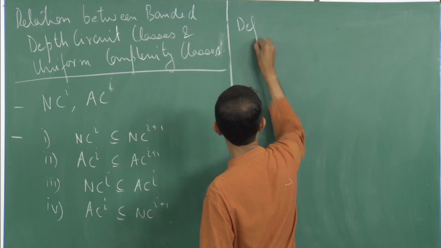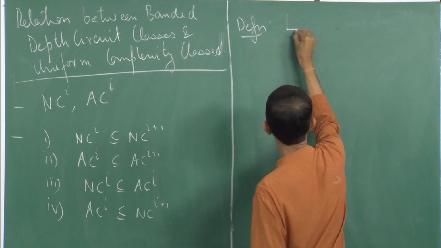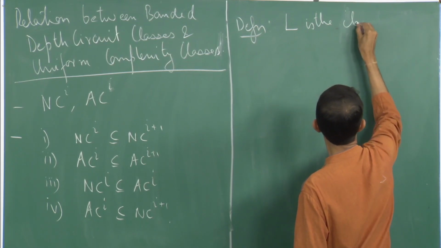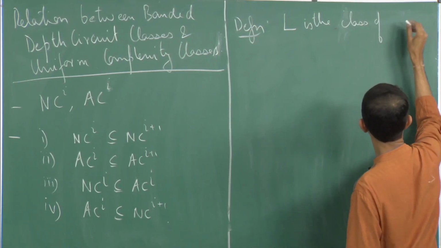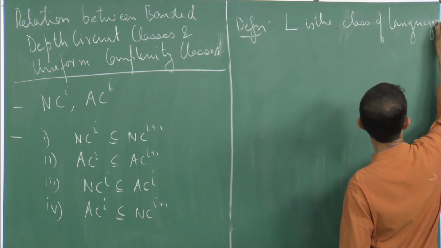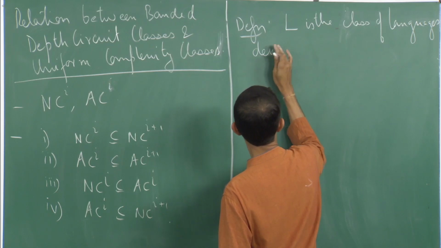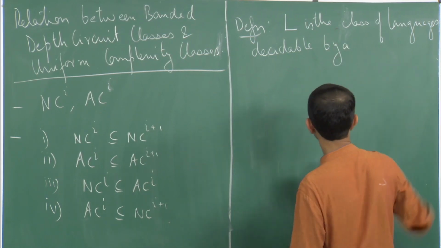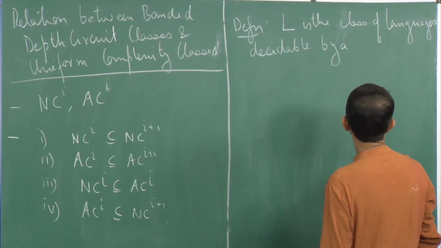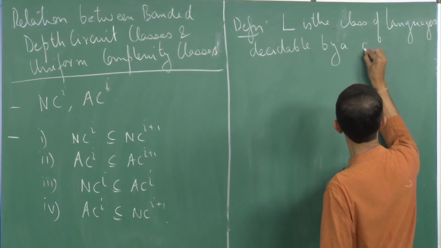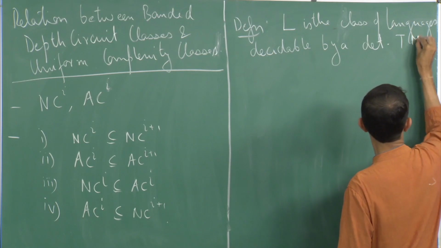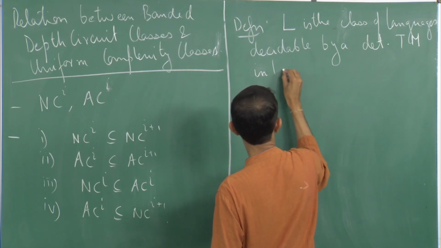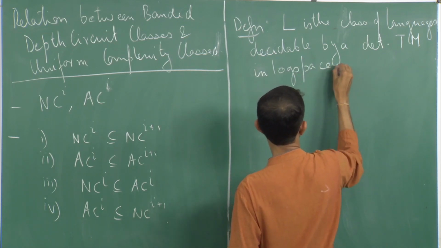So, L is the class of languages decidable by a deterministic Turing machine in log space.